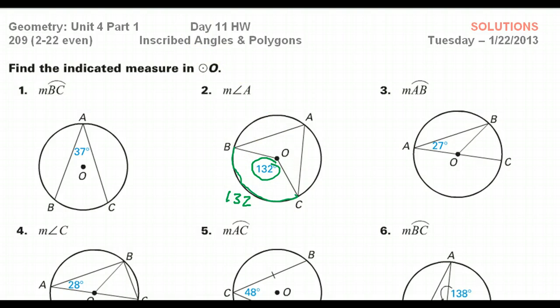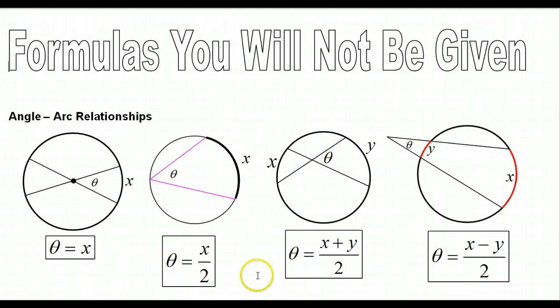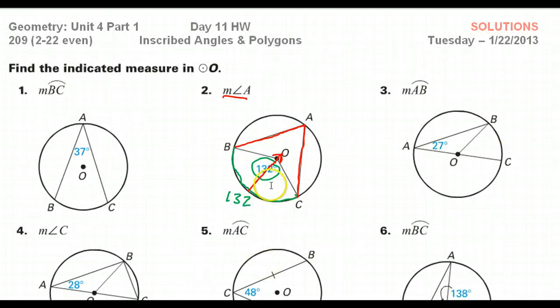Now, if I want to find angle A, which is what we're supposed to find, I can see that angle A is an inscribed angle. So the angle should be half of this based on the formula that we just talked about. So half of 132. So that's why angle A is 66 degrees.